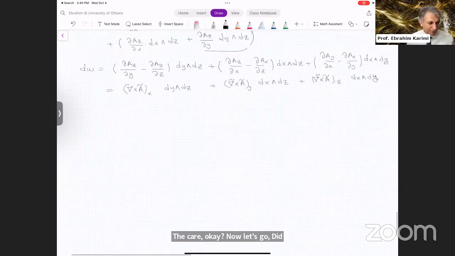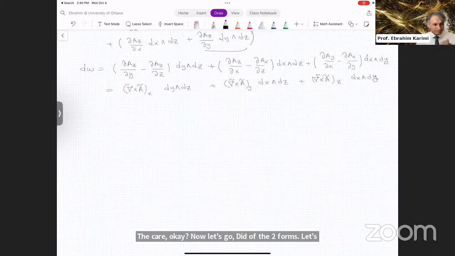Let's see what the result of the derivative of the two forms will be.